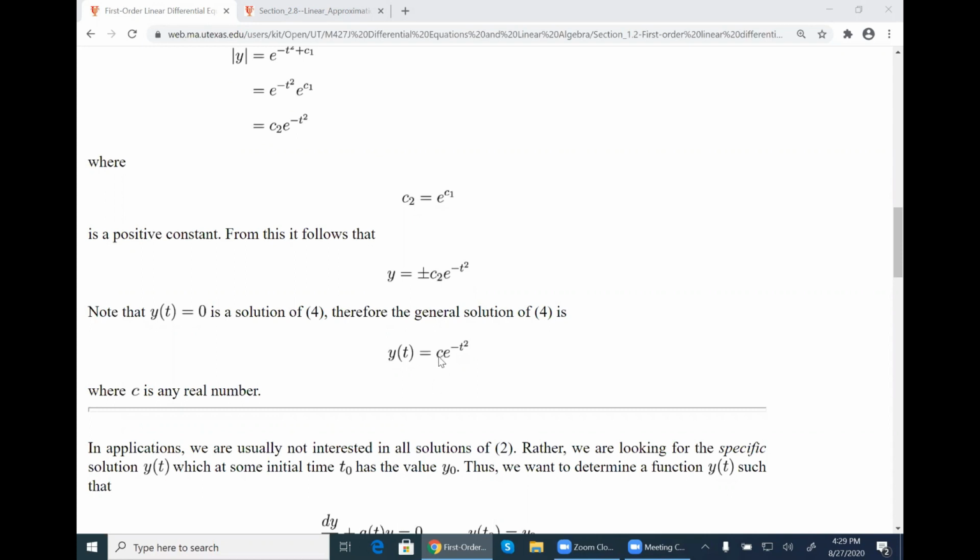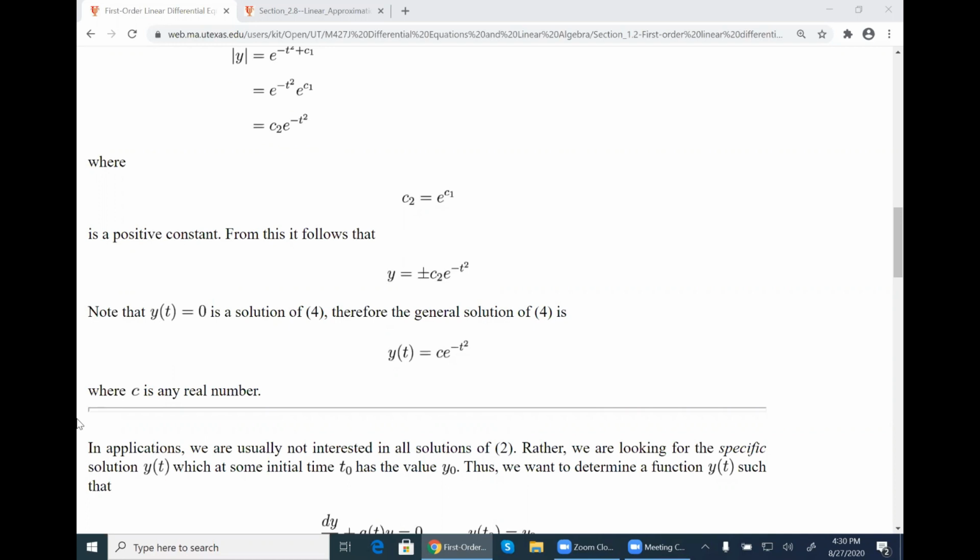Over here, the constant is any real number, positive, negative, or 0. We come up with this by combining formula number 1 and formula number 2. If c is equal to 0, we have formula number 2. If c is not equal to 0, we have formula number 1.